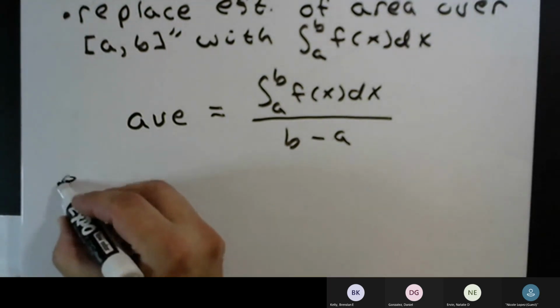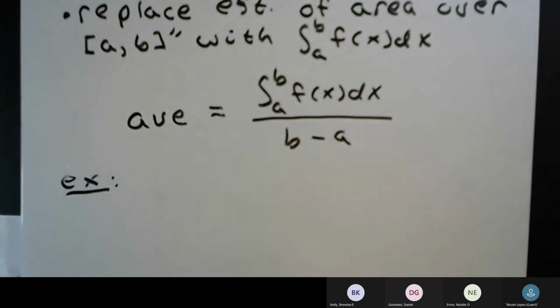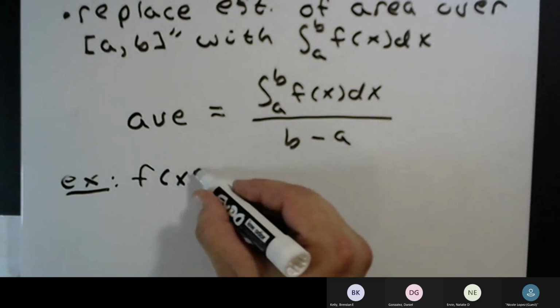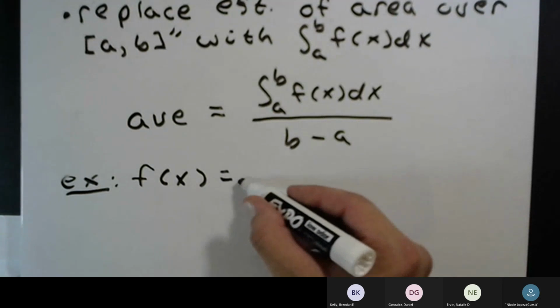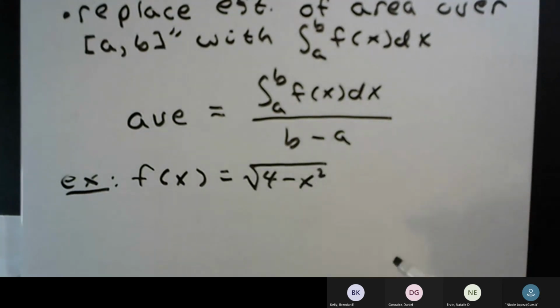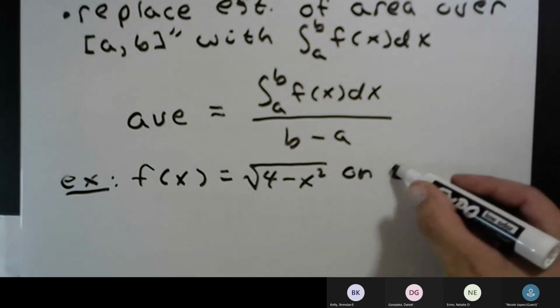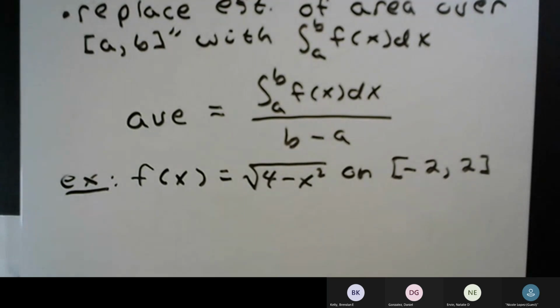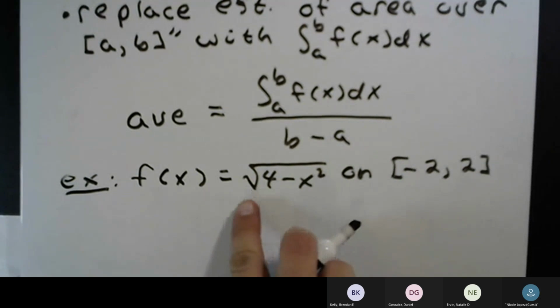So for example, let's say we have f of x equal to the square root of 4 minus x squared on -2 to 2. Now, what we're looking at is a half circle, and we're looking at the positive half.